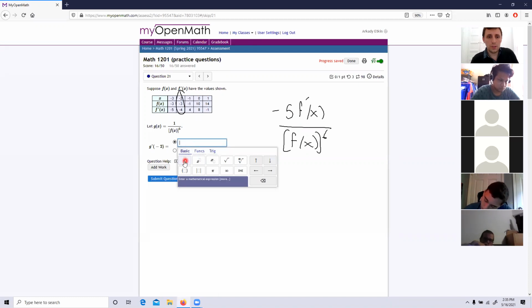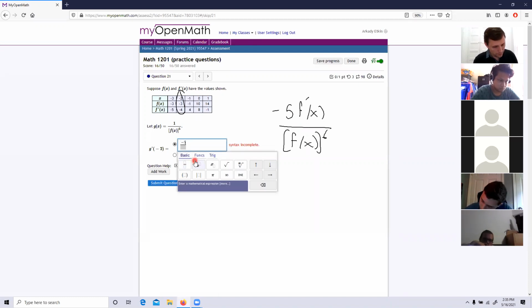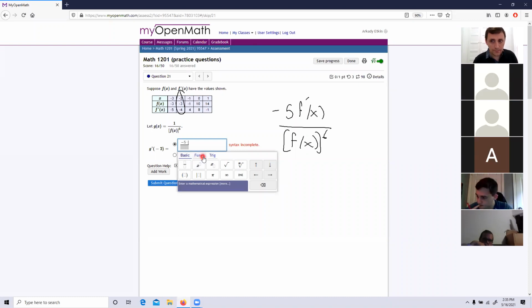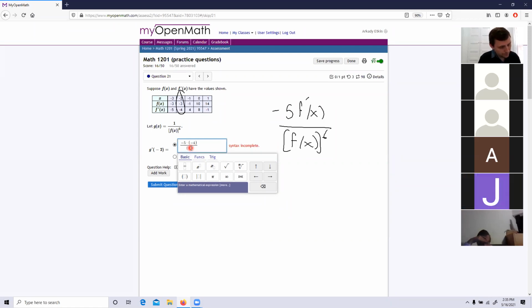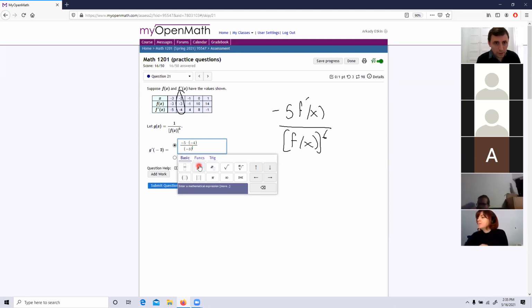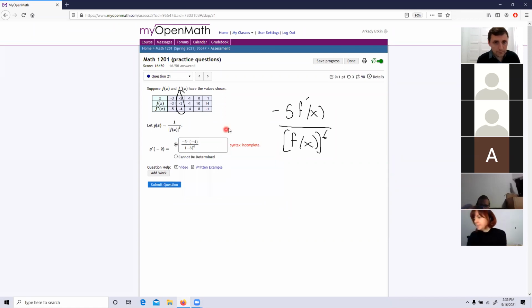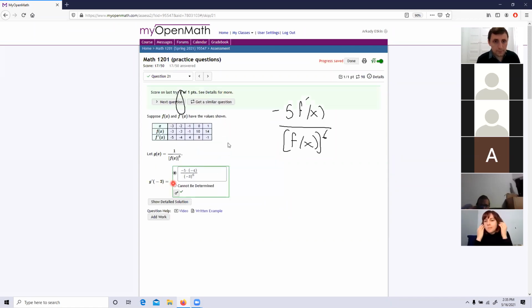We put in this minus 5 times minus 4 to the power of just that times minus 4 divided by minus 3 raised to the power of 6. Wonderful.